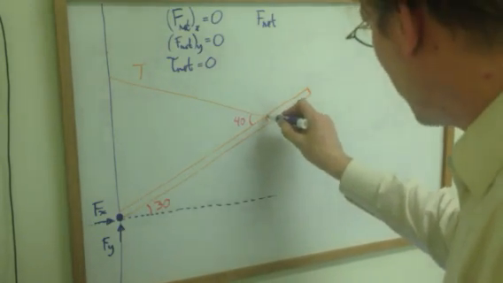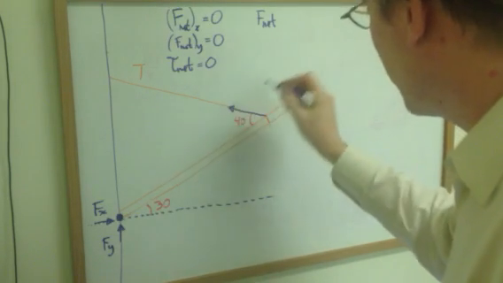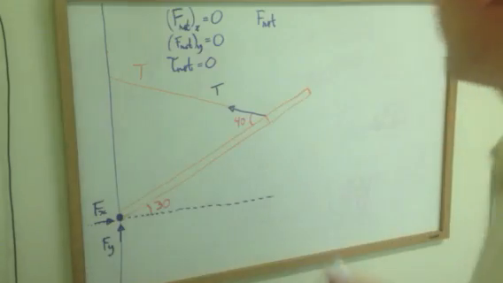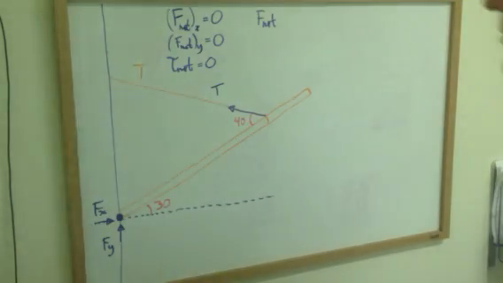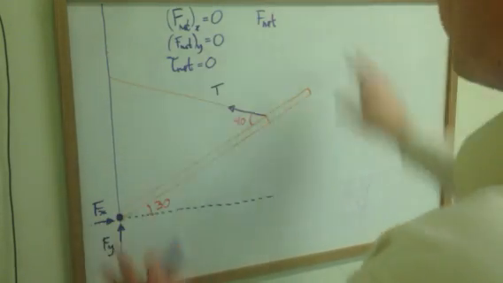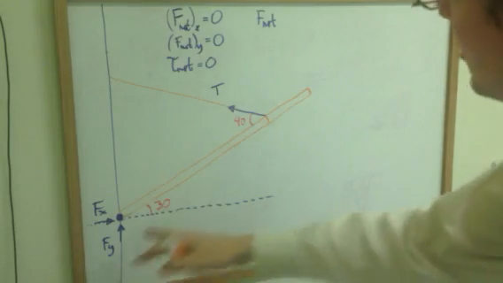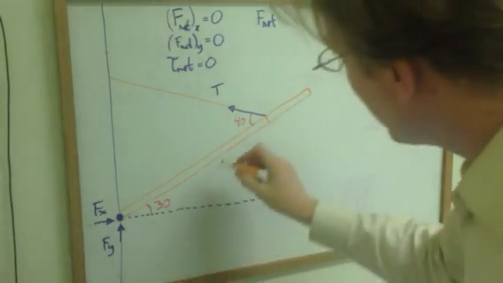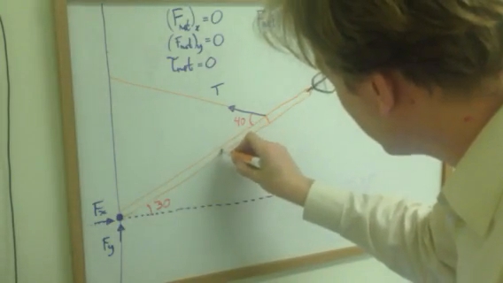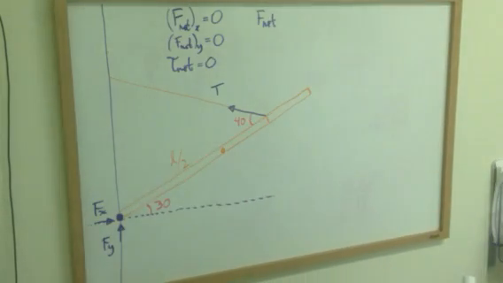There's a point of contact here. So we look for, and I'm going to call that the tension. And this also has a weight, so the weight of the beam itself. The beam has a total length L, and so it has a center of mass. Because it's a symmetrical beam, it'll have a center of mass at half the length of this beam.